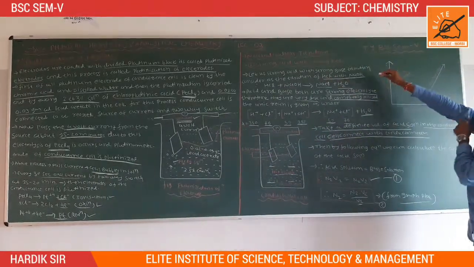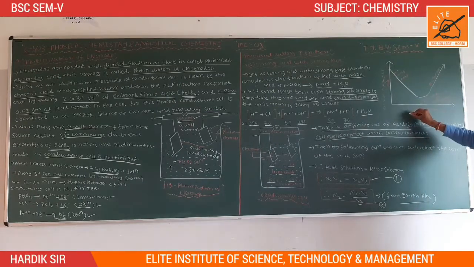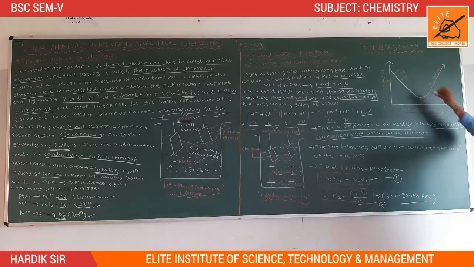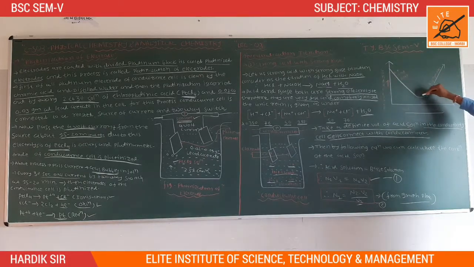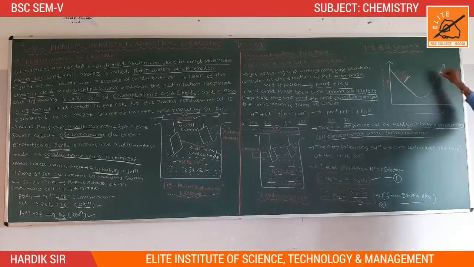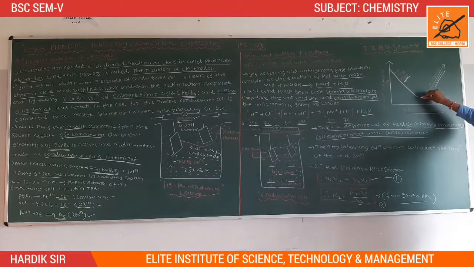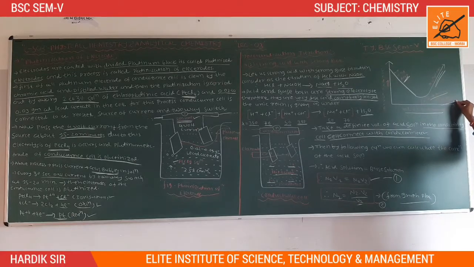So we will see the figure of the graph: conductance versus volume of NaOH. The graph is a curve, showing the values for H+ and Na+ ions, and then for Na+ and OH- ions, and that point is called the end point or equivalent point.